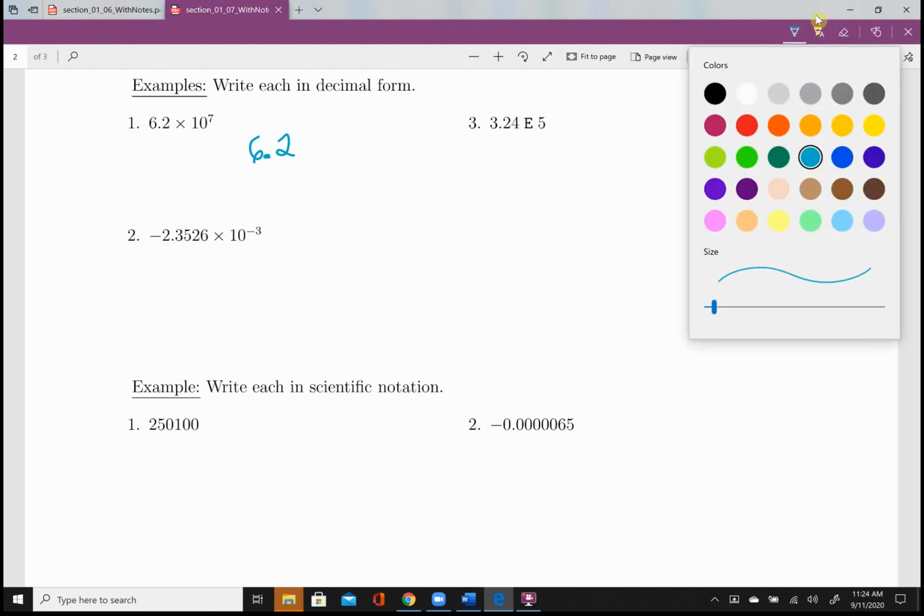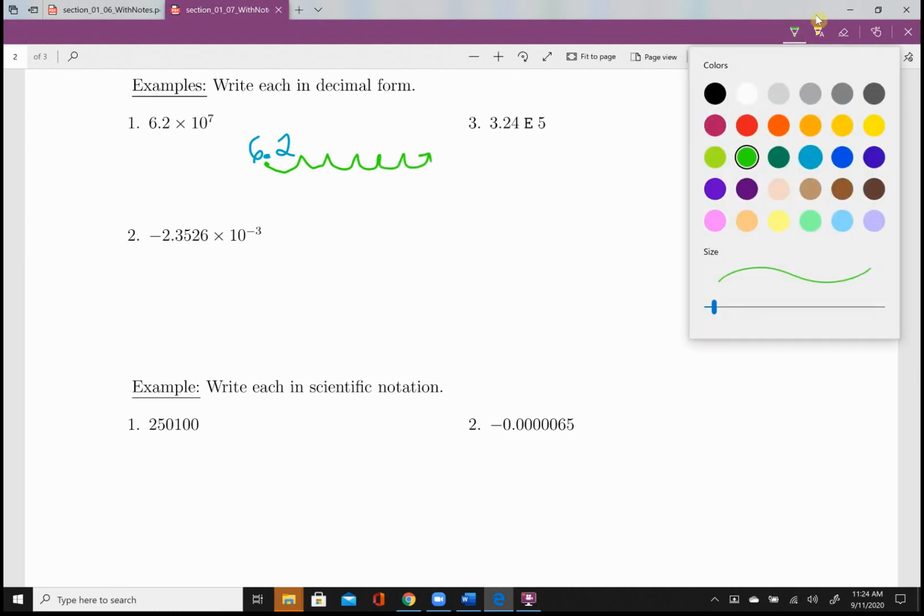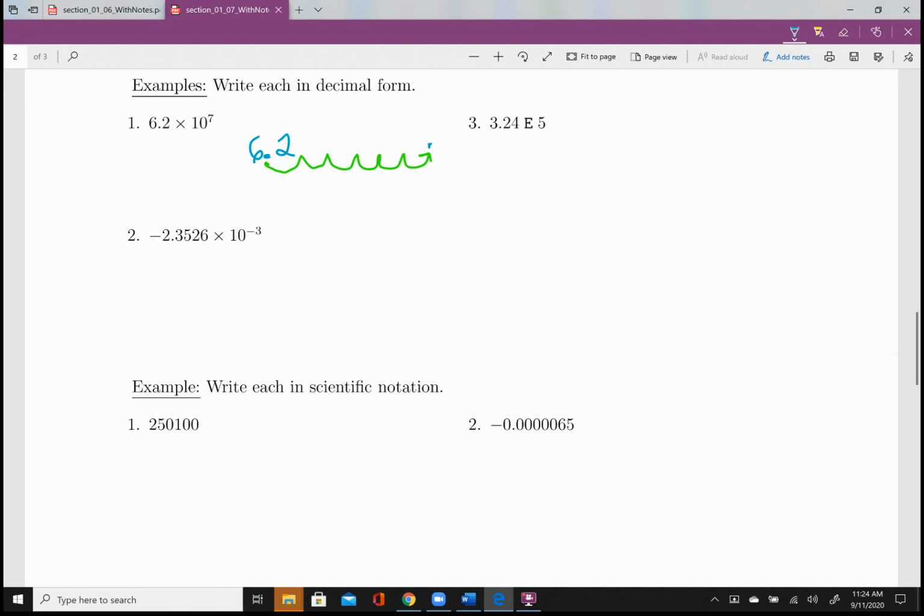So I'm going to, in this light green color, move 7 spots. So that'll be 1 spot accounting for the 2, 3, 4, 5, 6, 7. So here's the new decimal place location. And like I said earlier, these little waves indicating how many spots I've moved look very much like an empty egg carton.